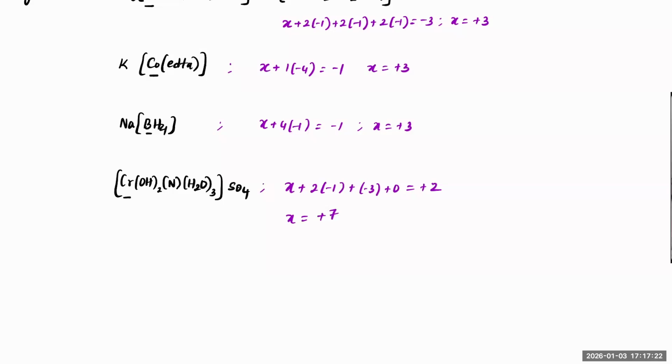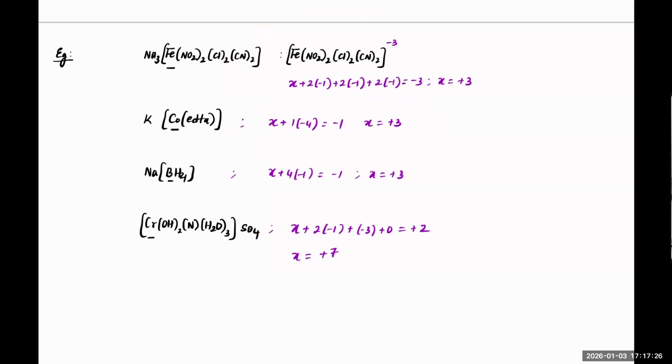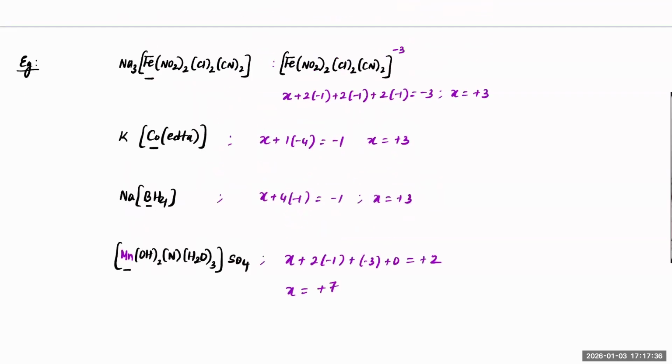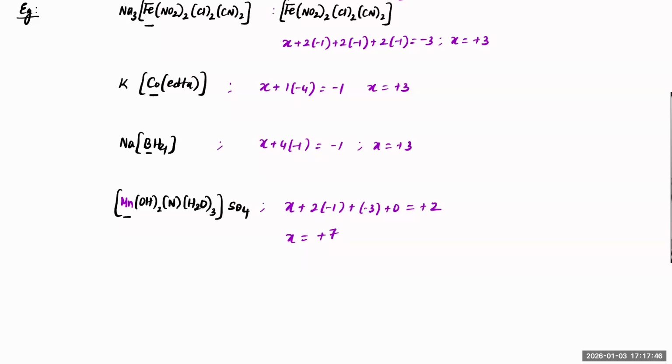This is what we should get. Although +7 does not exist, sorry, I'll change it for this case. Make it as manganese, so that we can justify that it can get +7 oxidation state. So these are the ways we need to figure out what are the oxidation states.